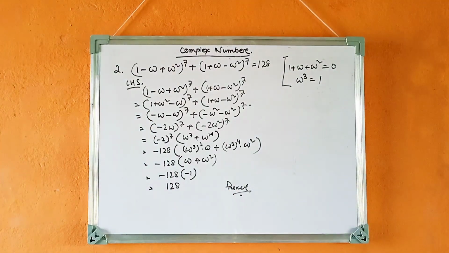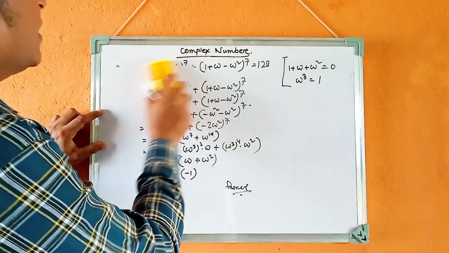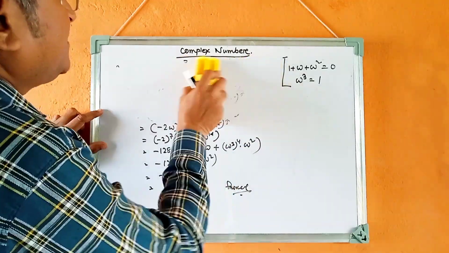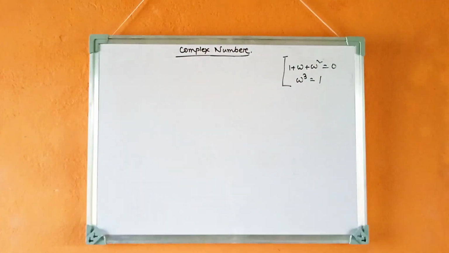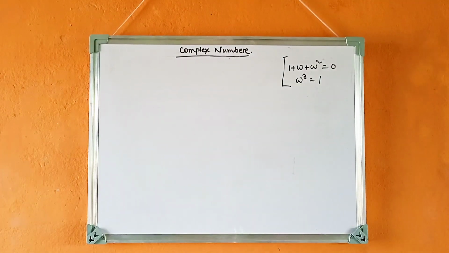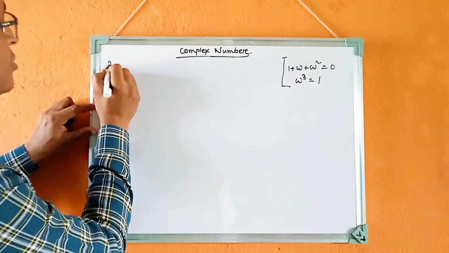Clear everyone? See carefully. Now we come to the third sum. Okay, sum number 3. Look at the question first.